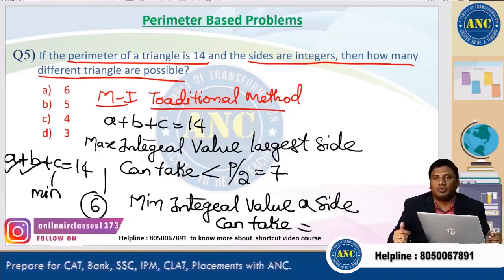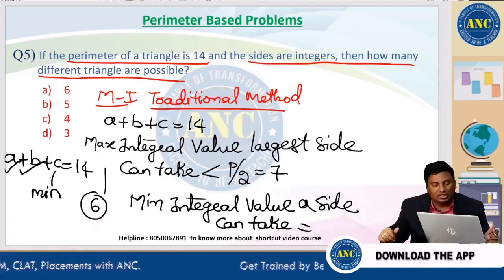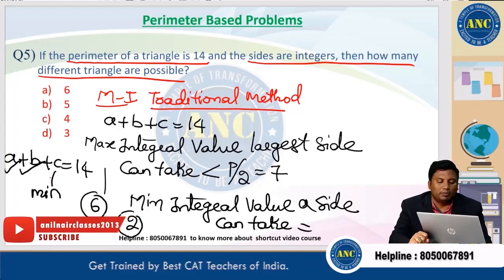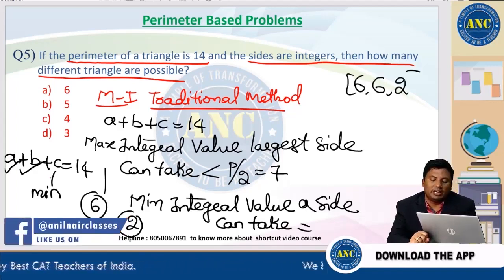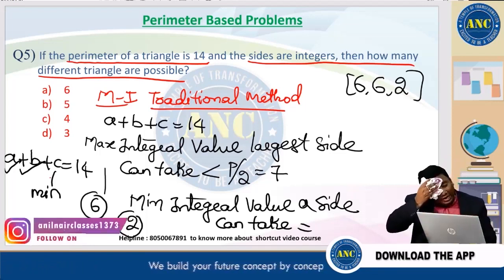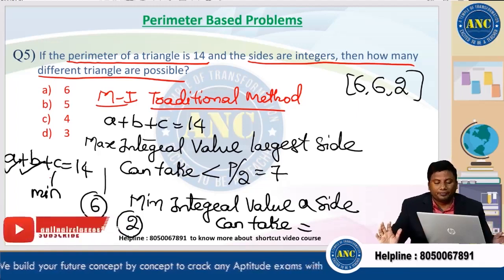So keep the maximum value. 6 plus 6 is 12. So if 6 plus 6 is 12, minimum integral value is nothing but 2. That means maximum integral value is 6 and minimum integral value is 2. Till here it is clear, right?